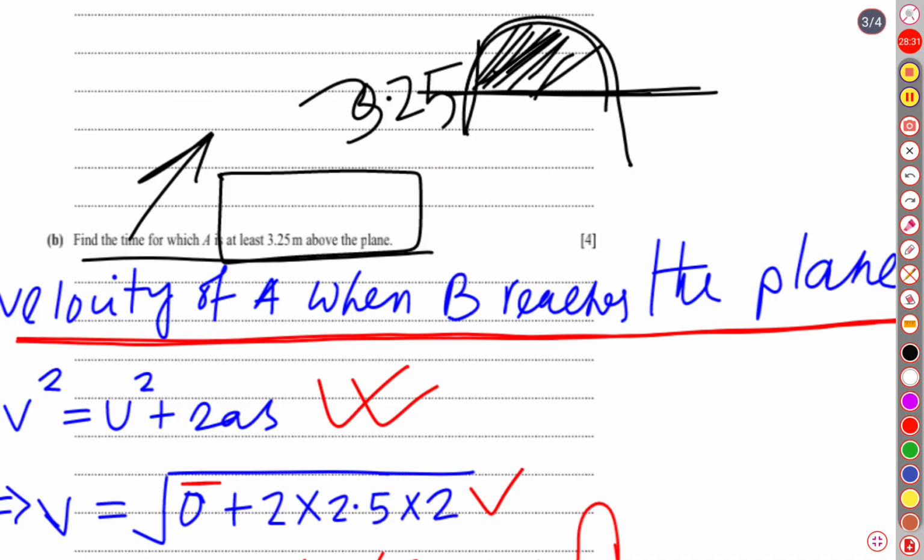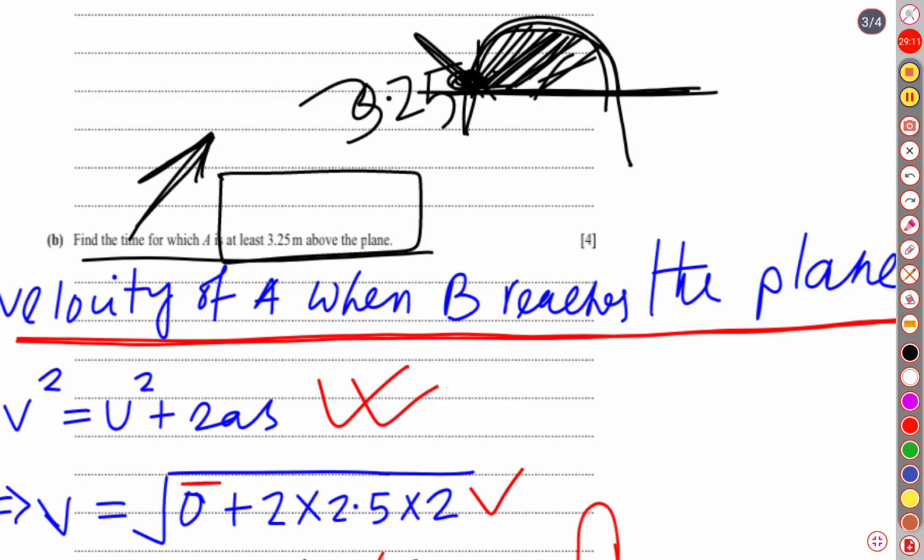So what is the duration when the particle is above 3.25 and coming back to 3.25 as height? It's actually not a time, it is a duration or time period. But we may get confused very easily that the time means whenever it reaches this height. Whenever it reaches the height, there may be one time, the minimum time can be taken, but between these two values of t, the lower one is the point when the particle reached here. But they have told us to find the time for which A is at least 3.25 meters above the plane.